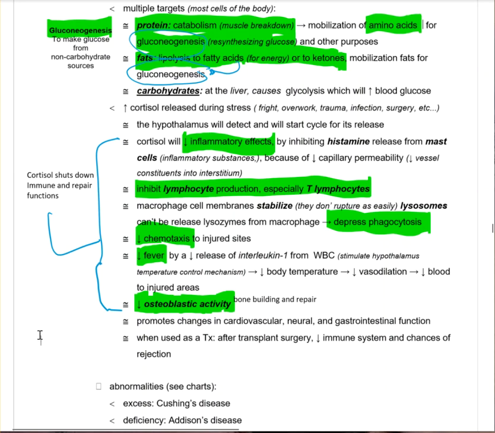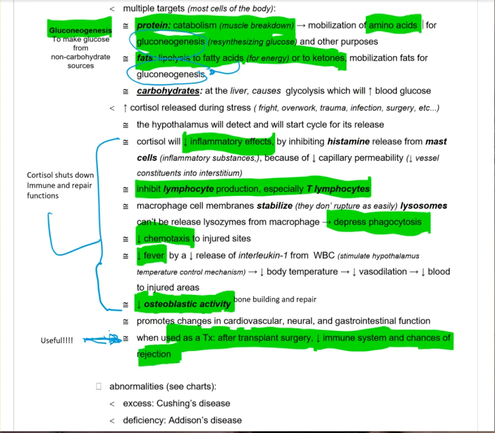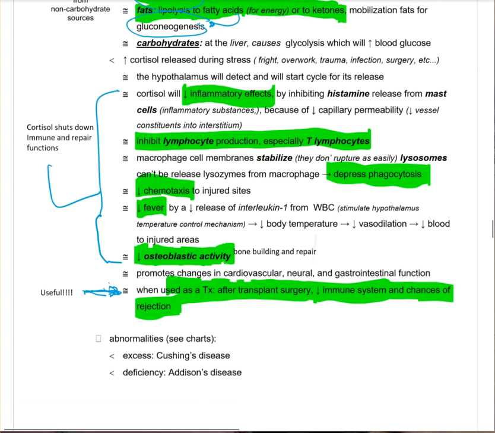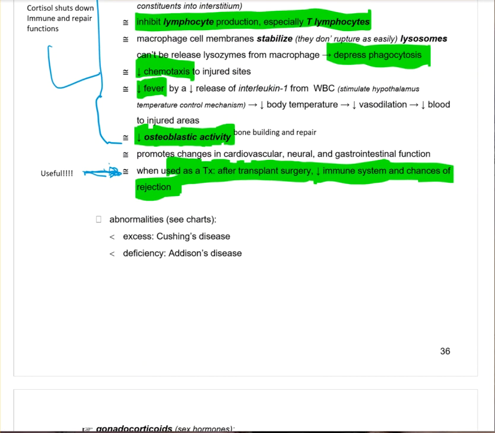I'm going to write: this is useful. Because cortisol depresses your immune system, you can use it as a treatment after transplant surgery. The immune system is lower, and therefore the chance of rejection is less. So people will get cortisol in that case if we need to depress the immune system.